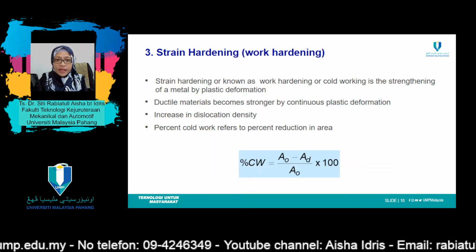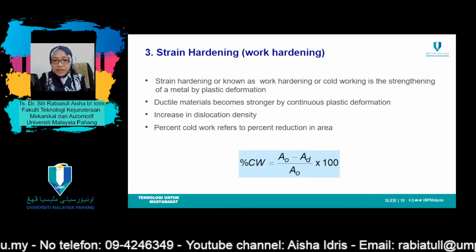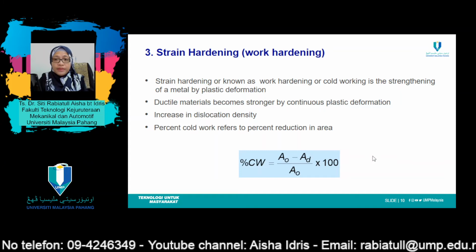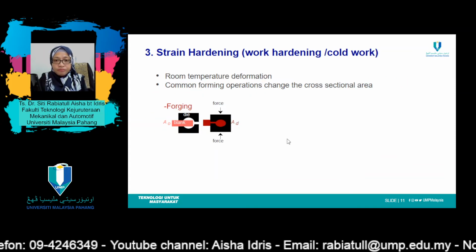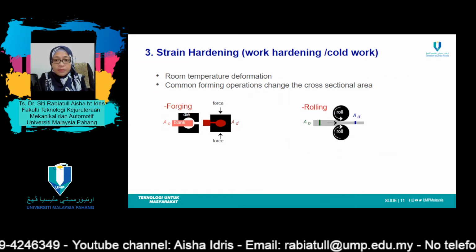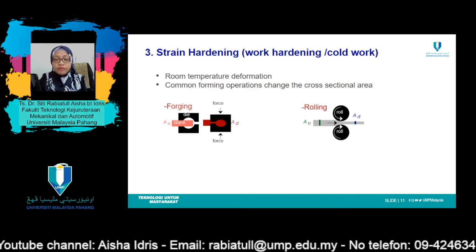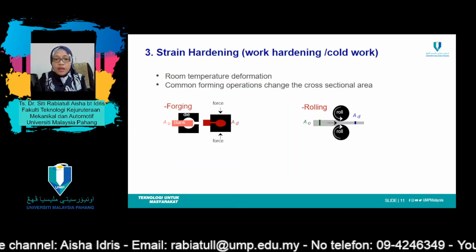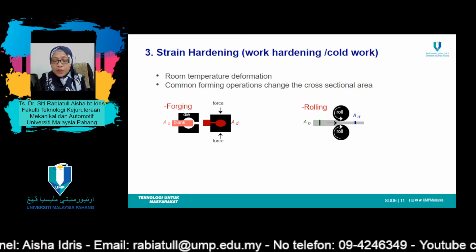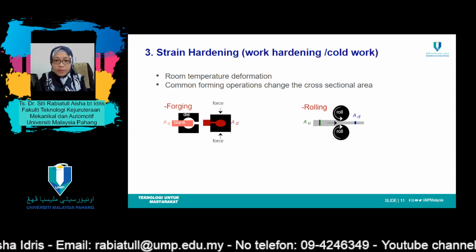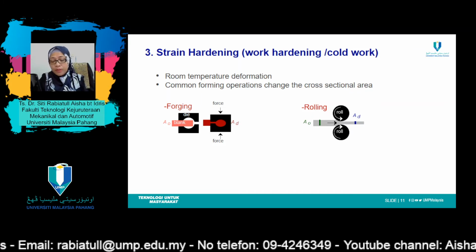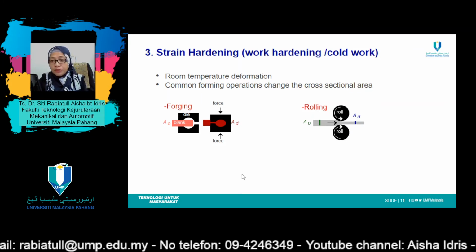Strain hardening is often utilized commercially to enhance mechanical properties of metals during fabrication procedures. The effects of strain hardening may be removed by an annealing heat treatment, as discussed in the previous lecture.